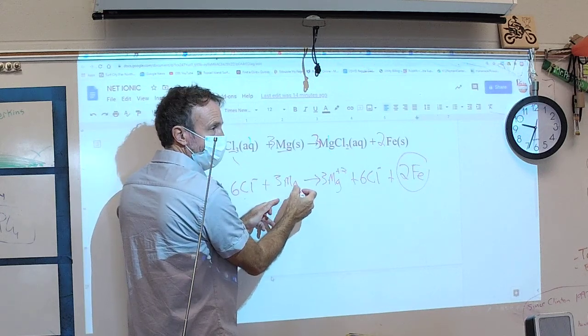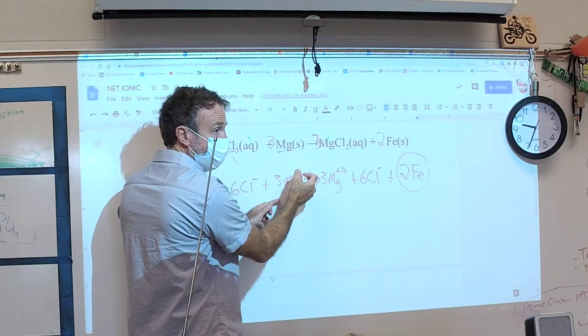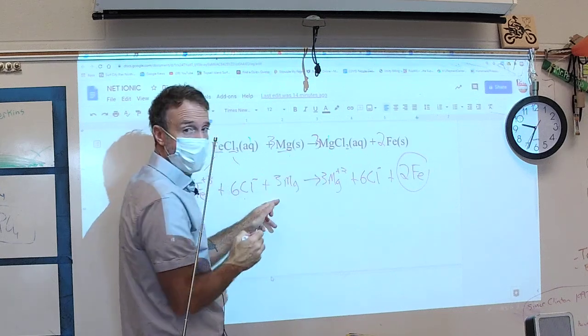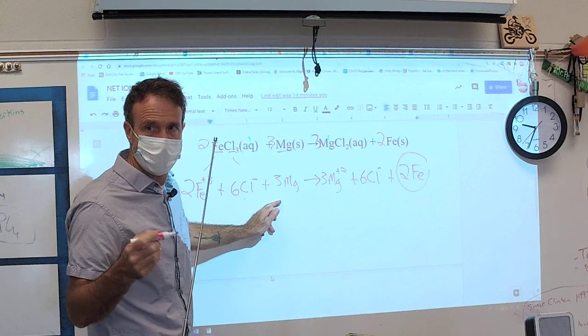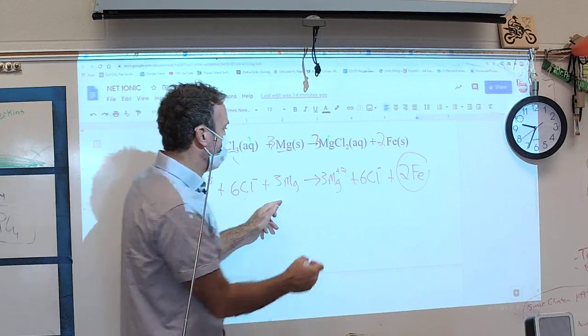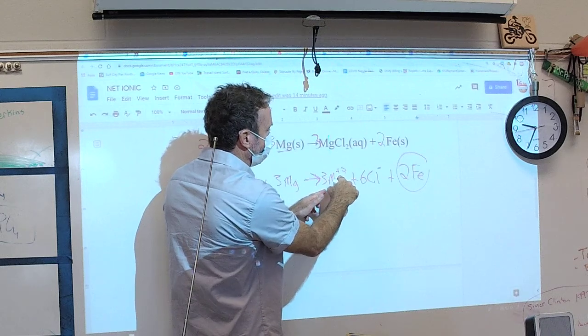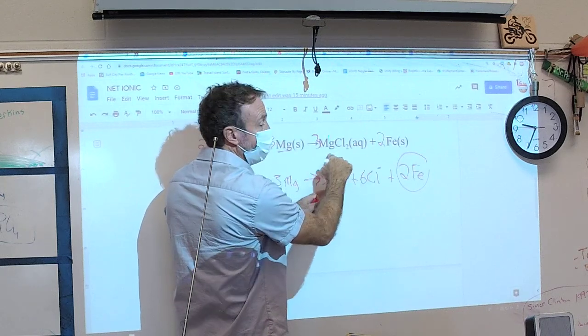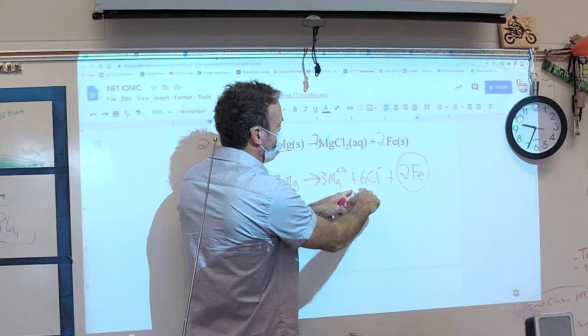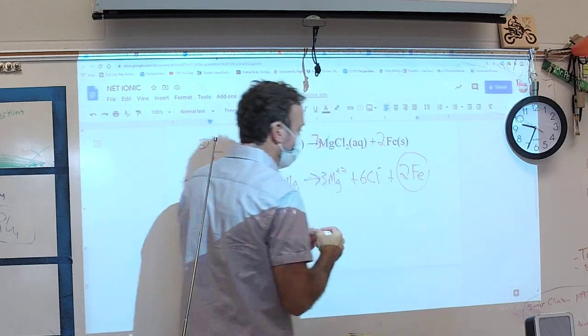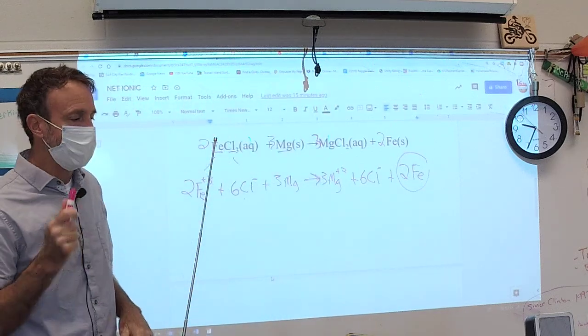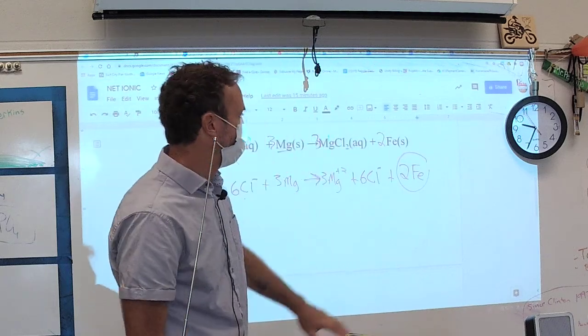So this magnesium, you don't have to write a plus 2 because it's not an ion. It's a solid atom. It's a solid material. It's not charged, okay? And then they produce 3 magnesium plus 2s because this is an aqueous compound, 6 chlorine negative ones, and 2 irons. So the net is only what you make. What's the only thing we're making?